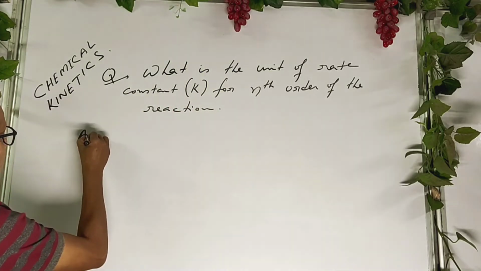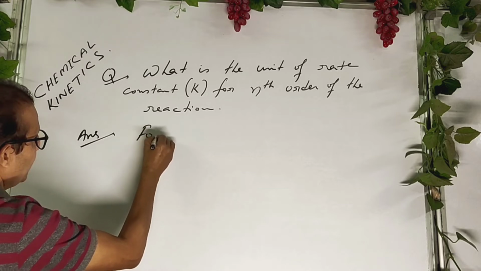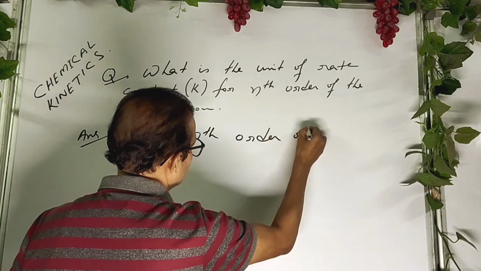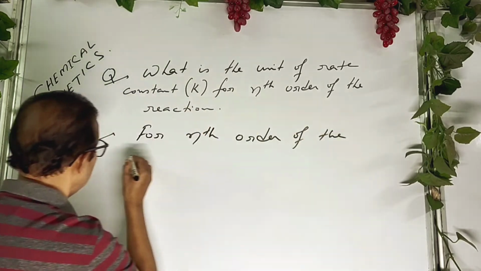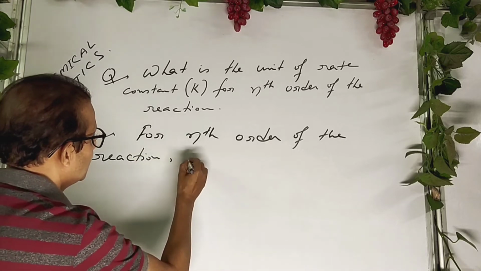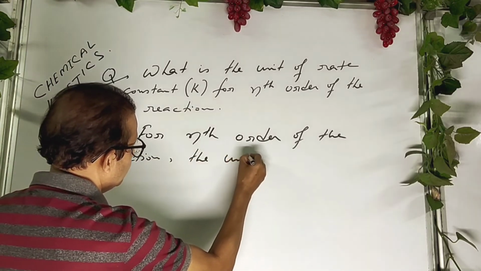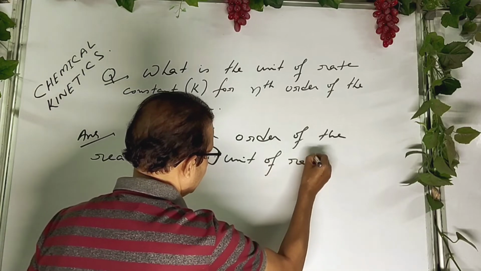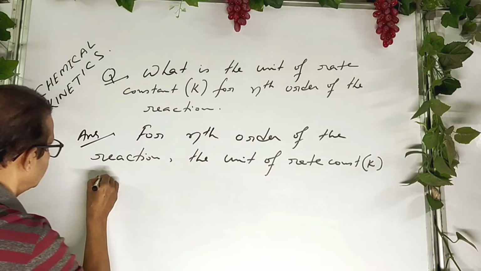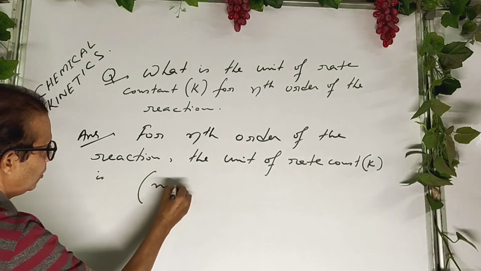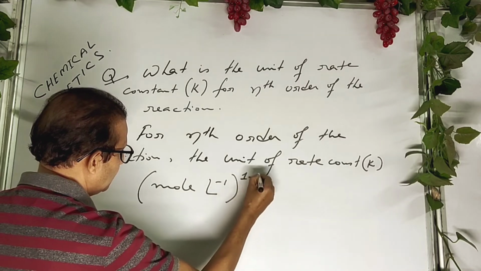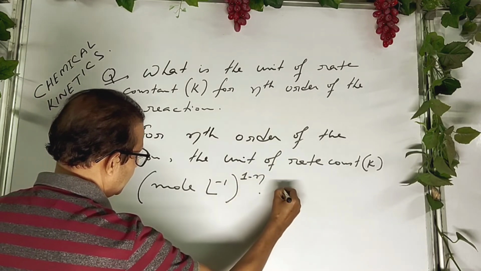So for nth order of the reaction, the unit of rate constant, that is K, is mole per liter to the power 1 minus n, time inverse.